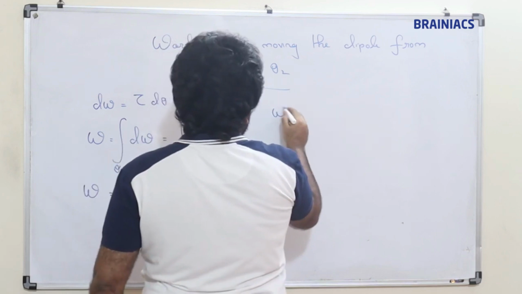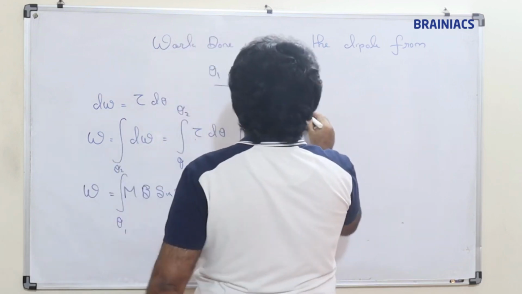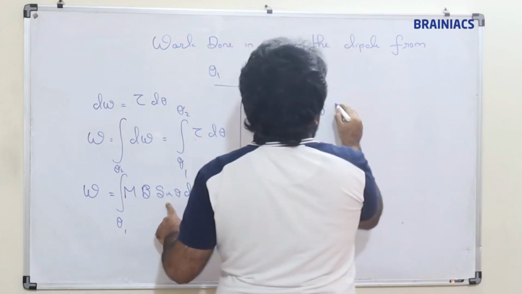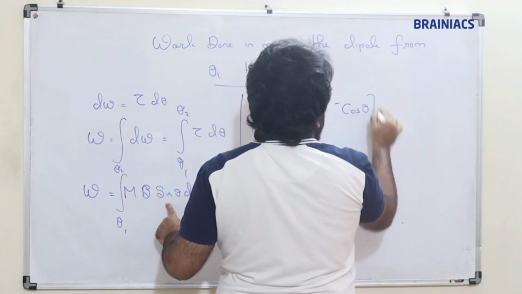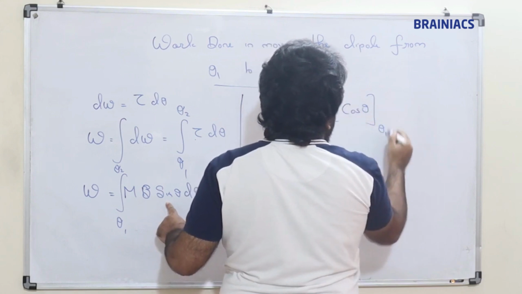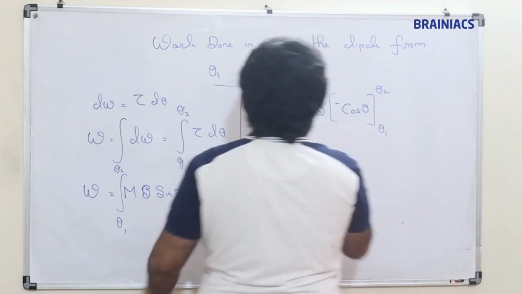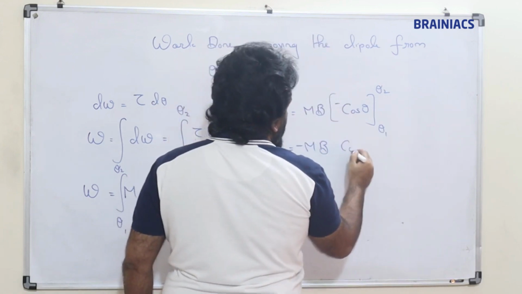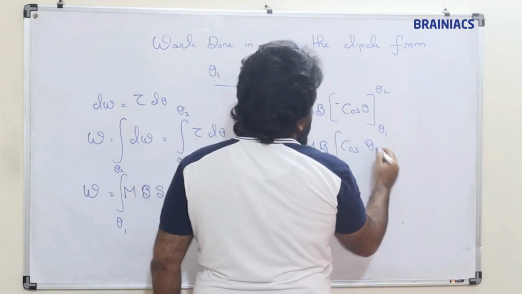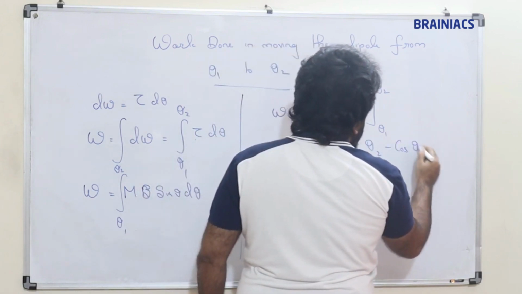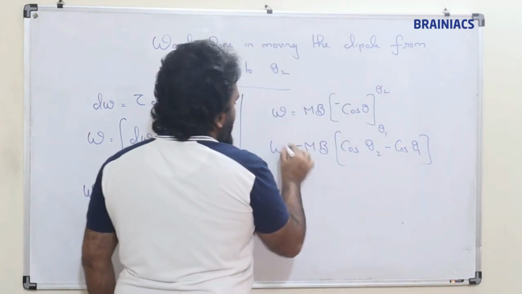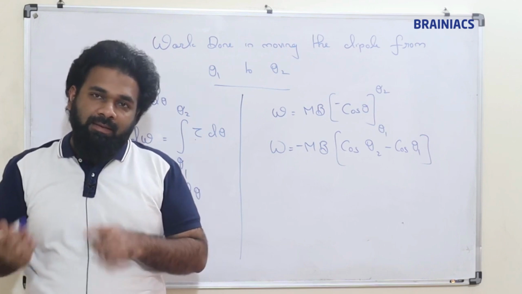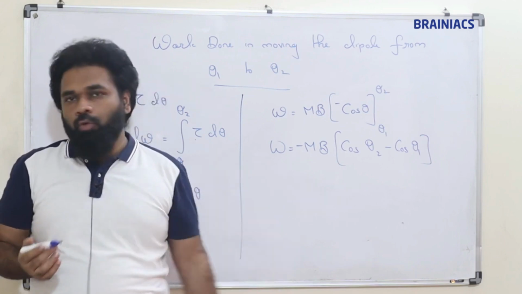So work is equal to, we will take this MB outside, and when you integrate sine theta we get minus cos theta, with the limit theta 1 to theta 2. If we take this negative outside, this becomes MB (cos theta 2 minus cos theta 1). So this is the work done in rotating the dipole from an angle theta 1 to theta 2.